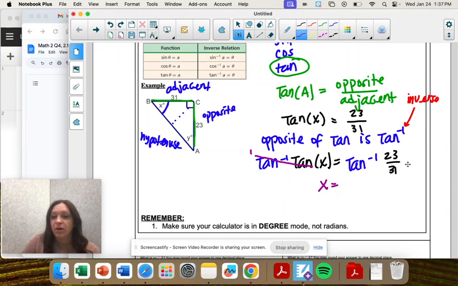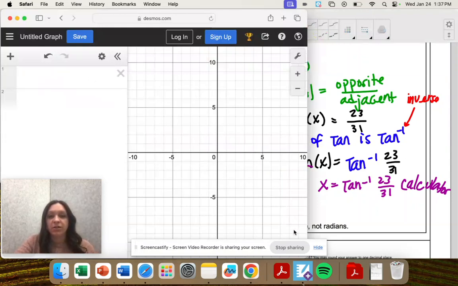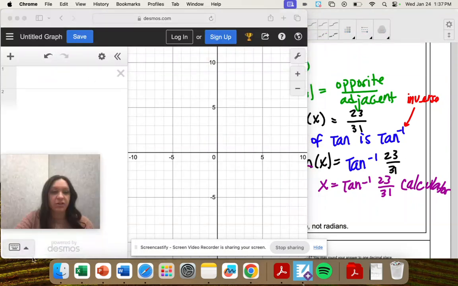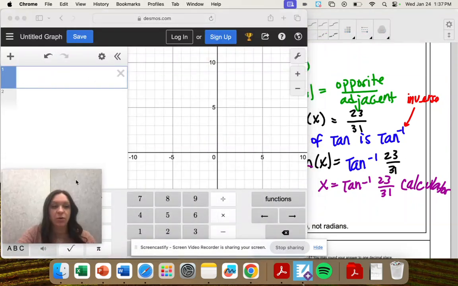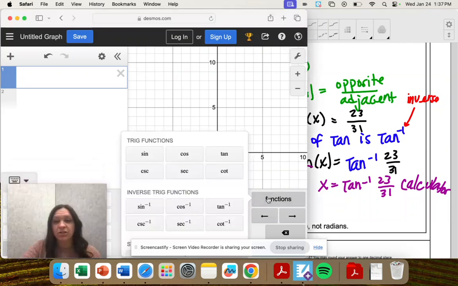And then this part goes in the calculator. I left this on here, remember, to make sure you're in degrees. Over here on my calculator, I'm going to open up my keyboard and go to functions. Underneath all the trig functions is, guess what?